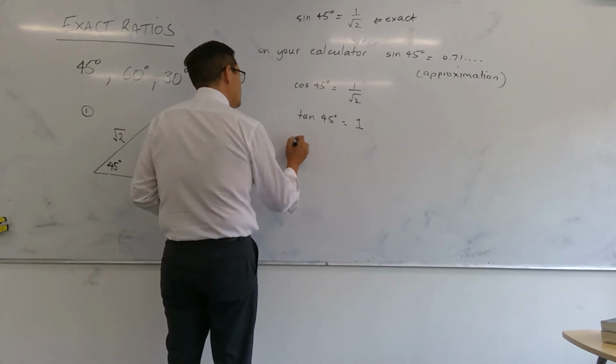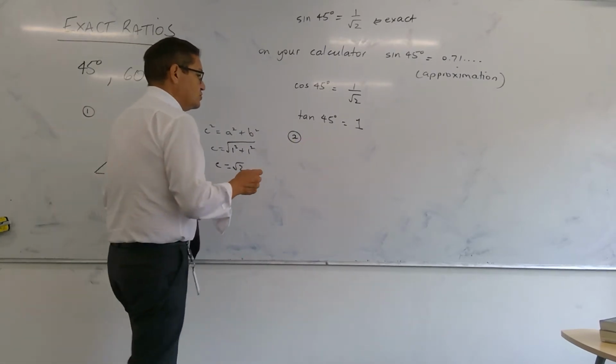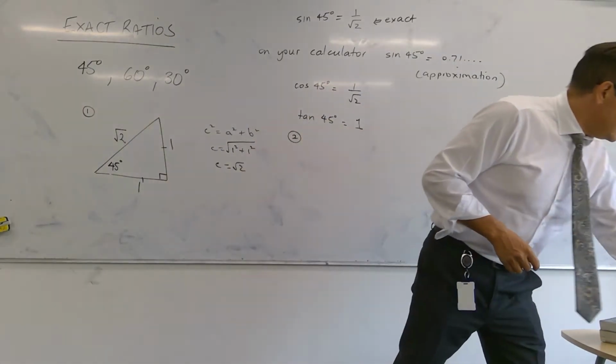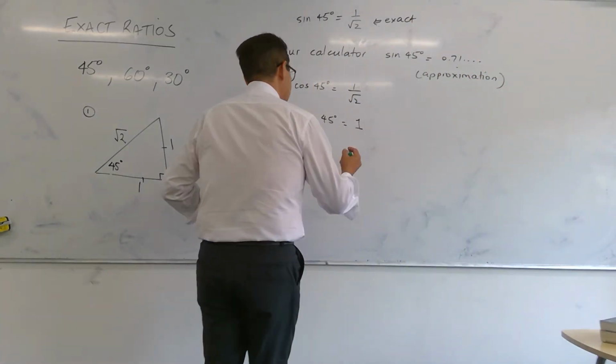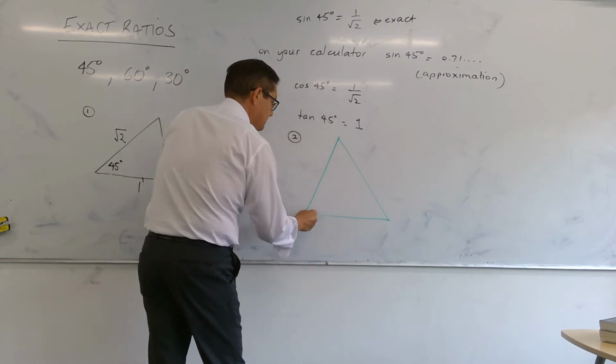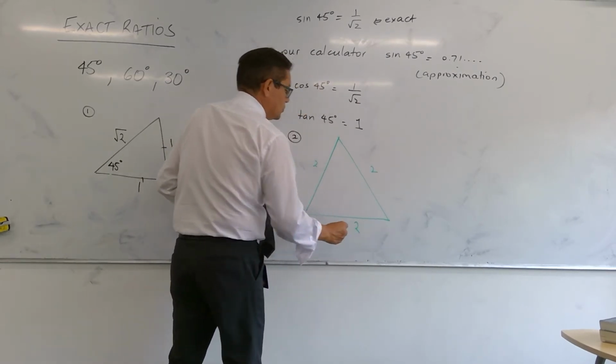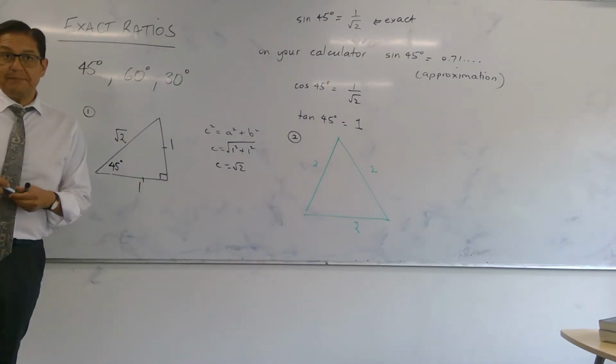When it comes to 60 and 30, we start with this triangle here. Do this in another colour. This one here. Right, and I'm going to tell you that's 2, and that's 2. What kind of triangle is that?